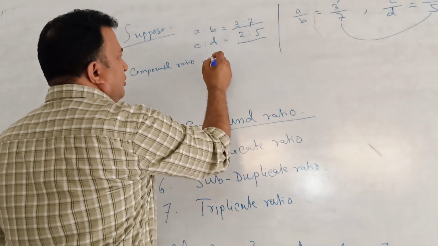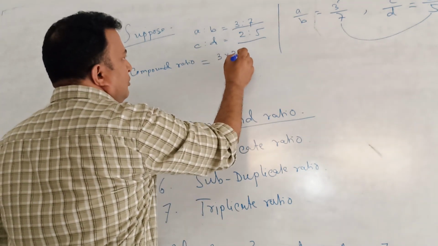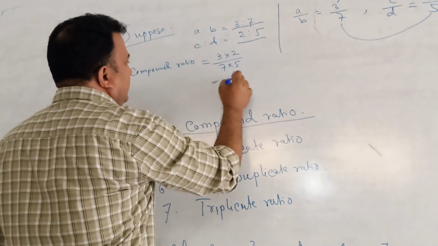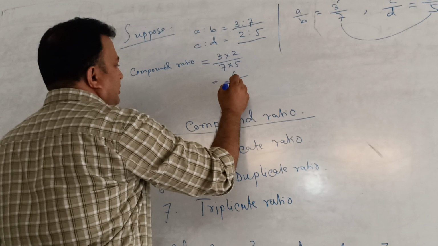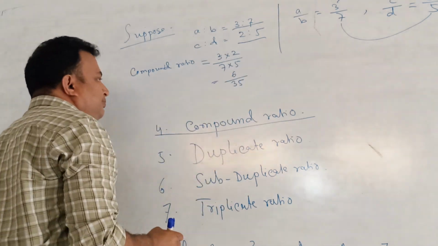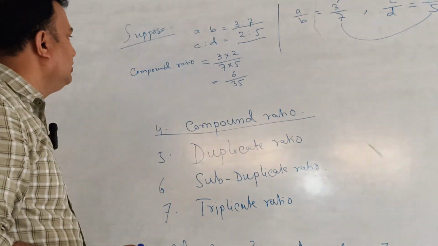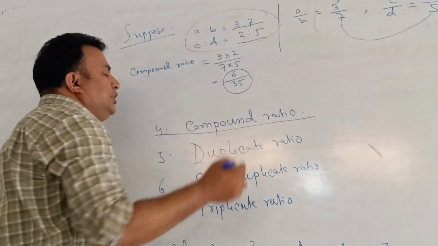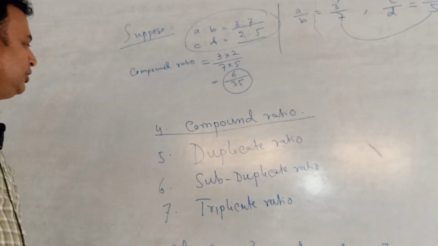What is the compound ratio? 3 into 2 divided by 7 into 5. Very easy. 3 twos are 6, 5 sevens are 35. So this is the compound ratio of these two ratios.